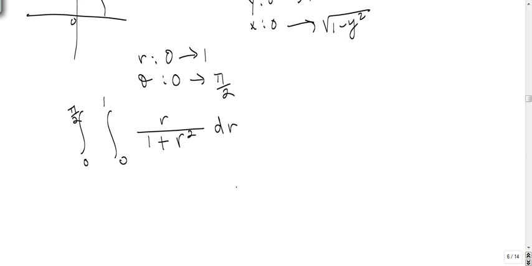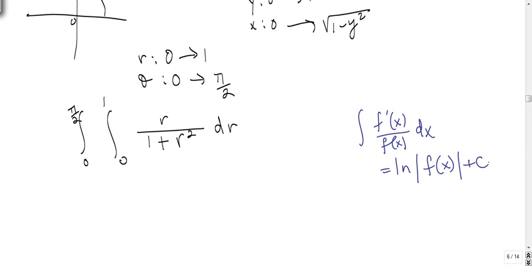Now this integral is where you're going to use the trick. I'm going to put it in blue on the side to remind you that the integral of f prime of x over f of x dx is equal to the natural log of the absolute value of f of x plus c.